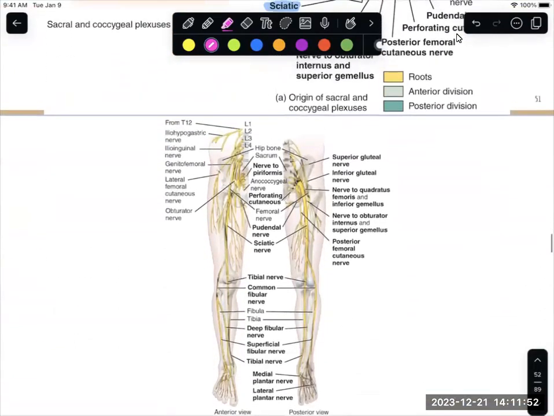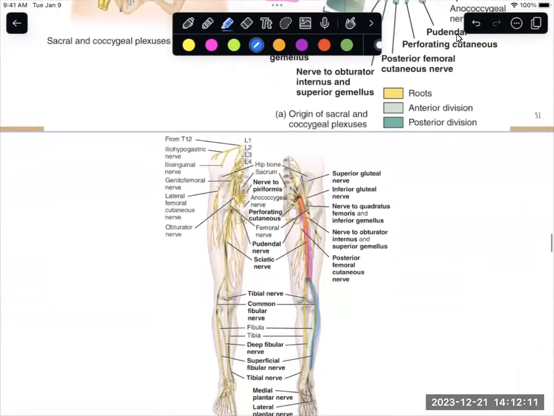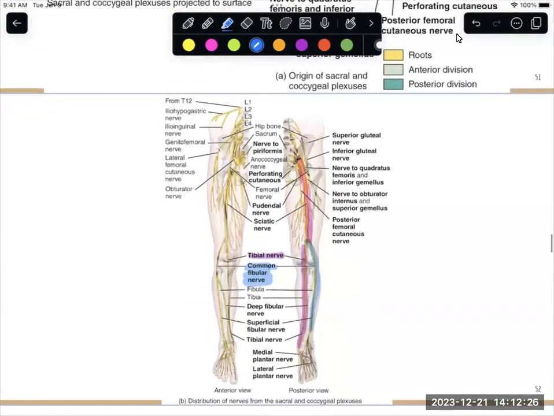So as this sciatic nerve comes down just above the back of the knee, the sciatic nerve will split and we will get that common fibular nerve and that tibial nerve. So knowing what that sciatic nerve splits off into is a good thing.